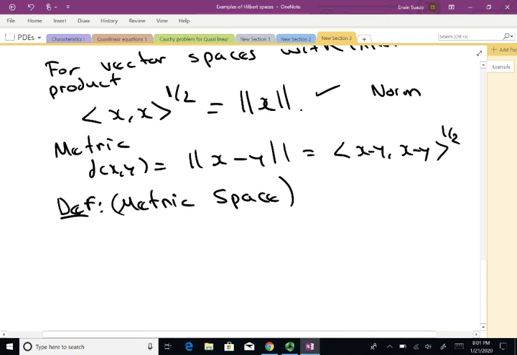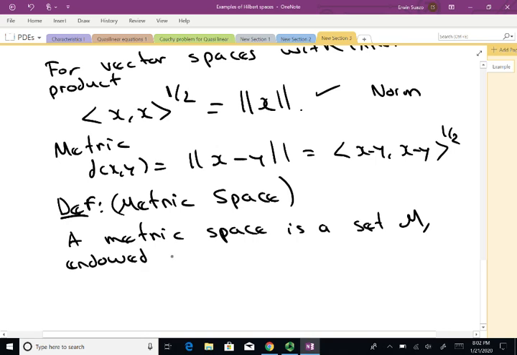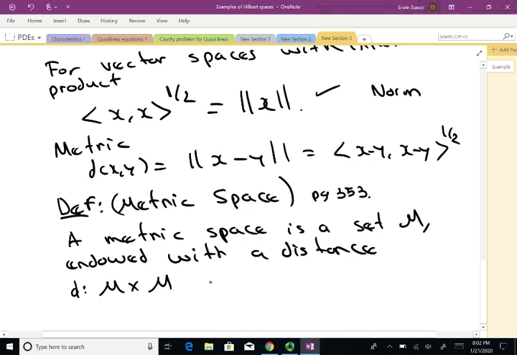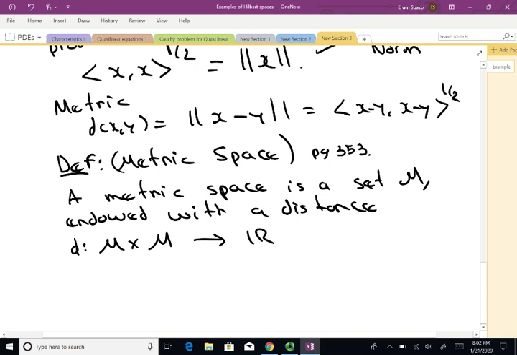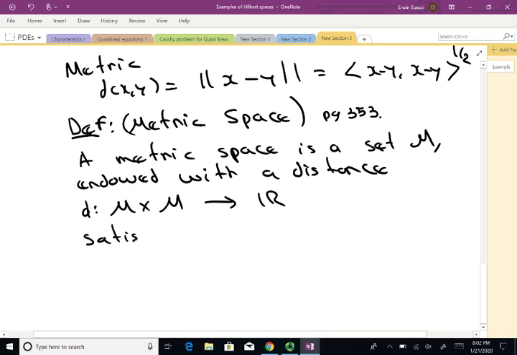A metric space is a set M with a distance, page 353 of the book, that takes two elements of the space and assigns a real number, satisfying the following three properties.